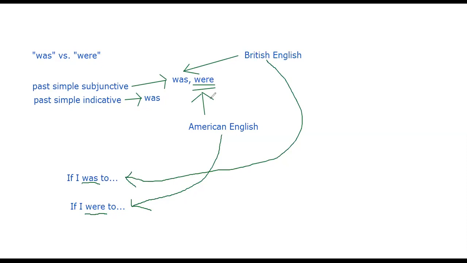What was I going to say? Oh yeah, and of course, one more thing I forgot to mention. If you're going to use were to anything, so let's say if I were to succeed, you can invert that too. So you can say, were I to succeed. I forgot to mention that.